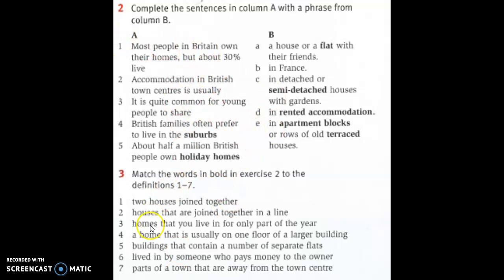they can move on to exercise 3, where they now match the 7 definitions to the words in bold. Okay, so two houses joined together. Which one would that match with from the previous exercise? That would be semi-detached houses.